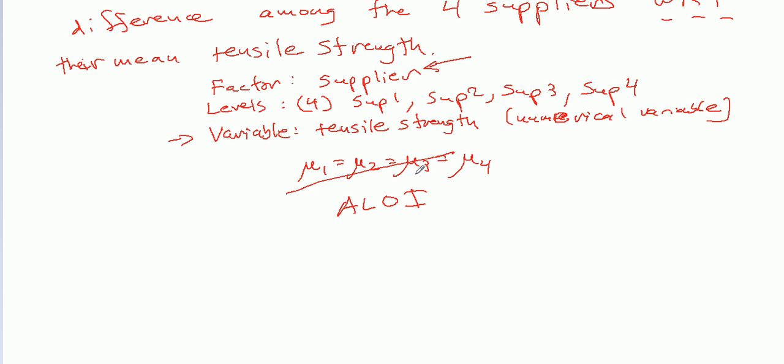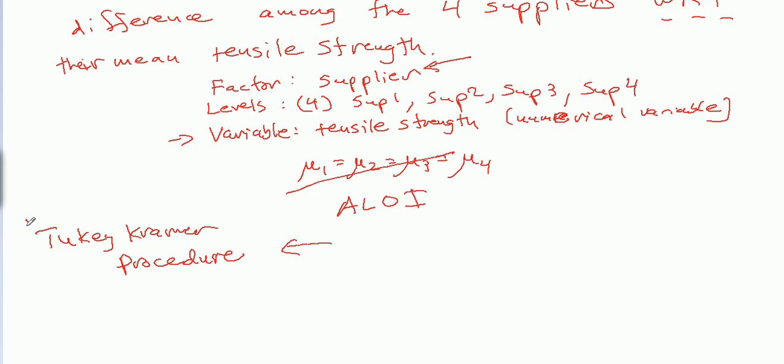It will do this broad test. But in order to get down to the details, if you reject H0, you would continue to do a Tukey-Kramer procedure or Tukey-Kramer multiple comparison procedure.